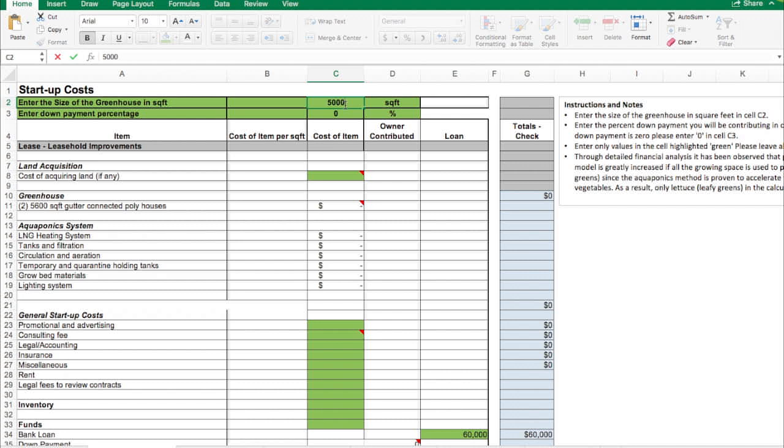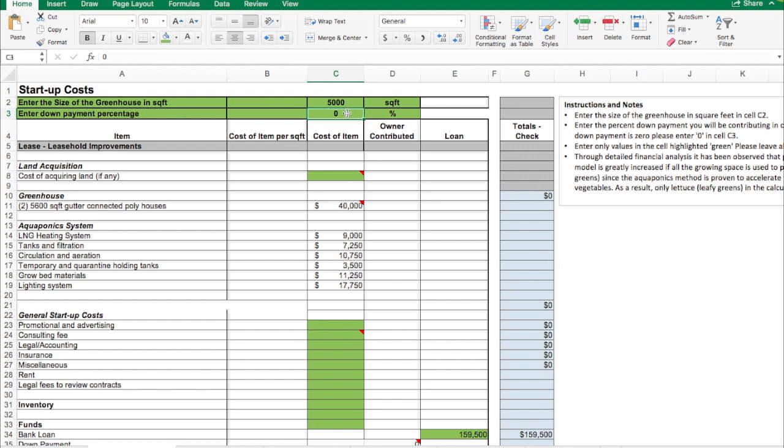I enter that value and hit enter, and it's going to give me the cost of the greenhouse that's going to be required. It's going to give me the aquaponics system build as well, which is going to have several components like the heating system, the tanks and filtration, circulation and aeration, all the different things. And these costs are based on per square footage cost that we've gathered from the different projects that we've been able to do. That's what you want to look out for.